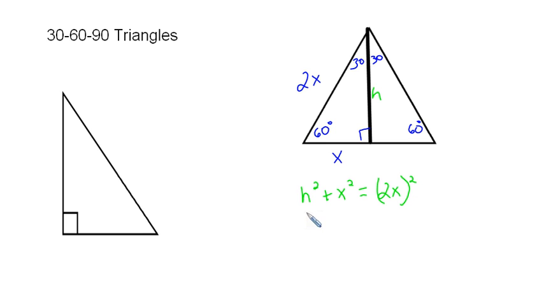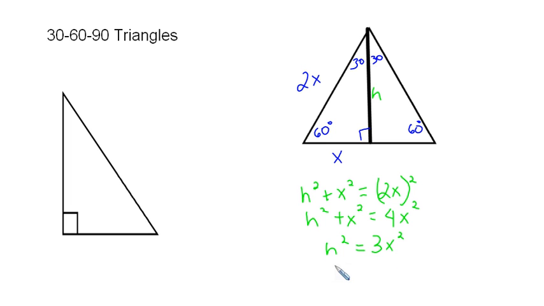Now, I'm going to simplify by squaring 2x. Of course, 2x quantity squared means 2x times 2x. That's going to give me 4x squared. Then subtracting x squared from both sides, I get h squared equals 3x squared.